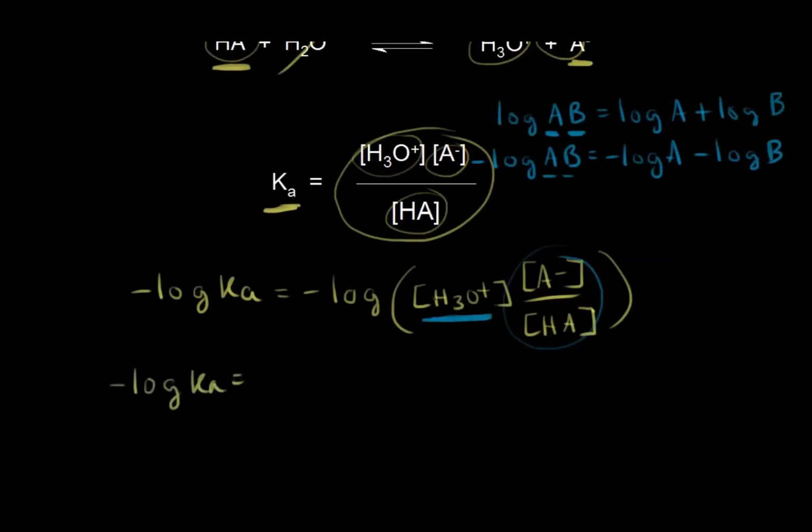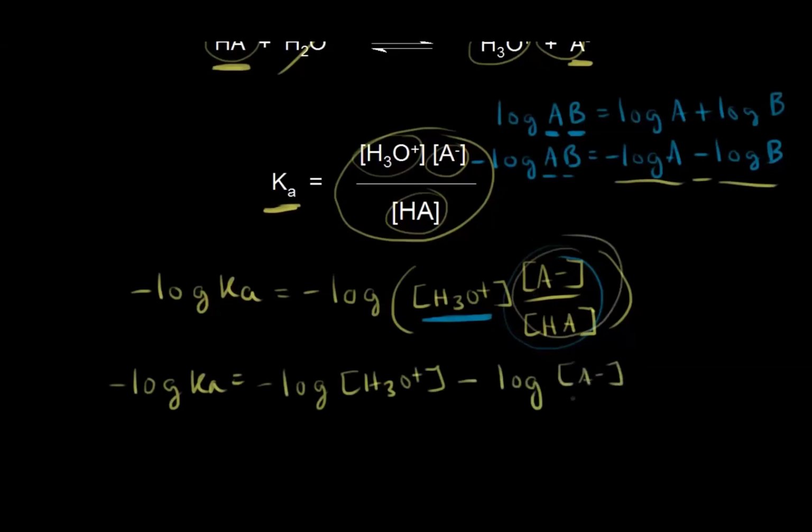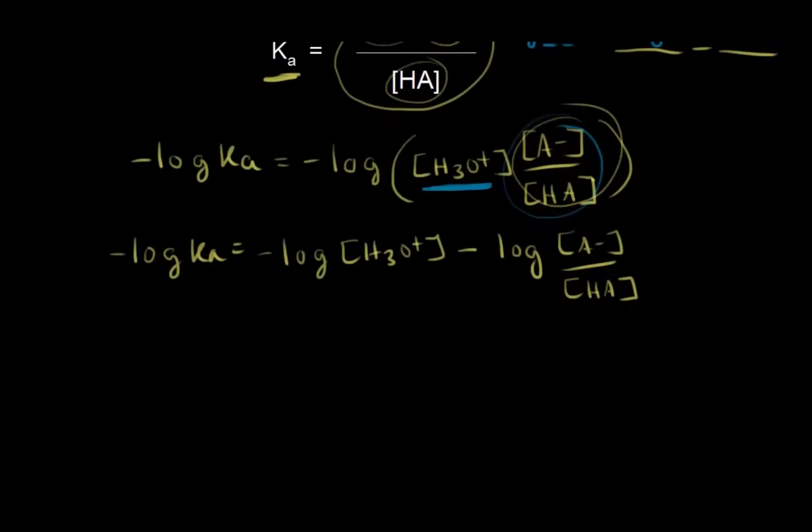And on the right side, we would have negative log of the concentration of H3O plus, minus the log of B here. So that would be minus the log of A minus over HA.